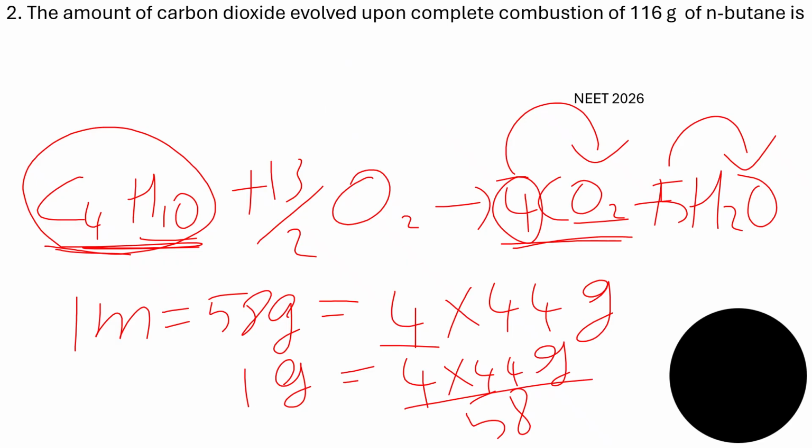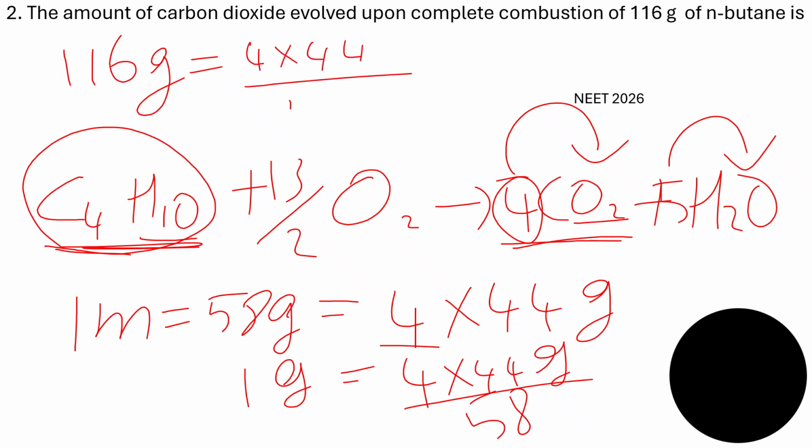The final answer for 116 gram: multiply 116 on both sides. 116 gram of n-butane gives 4 into 44 divided by 58 into 116. This much carbon dioxide is emitted in grams, because they gave in grams.